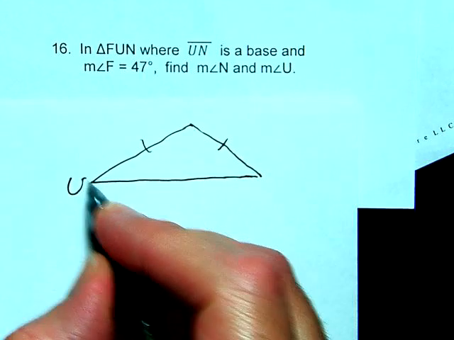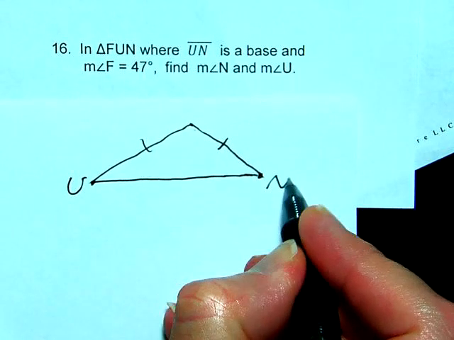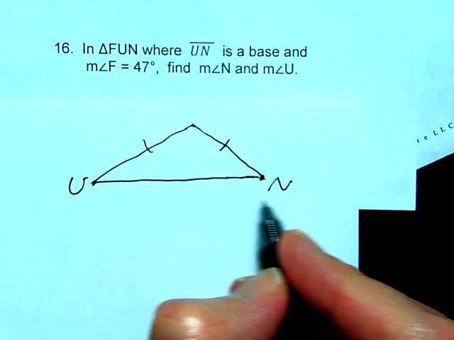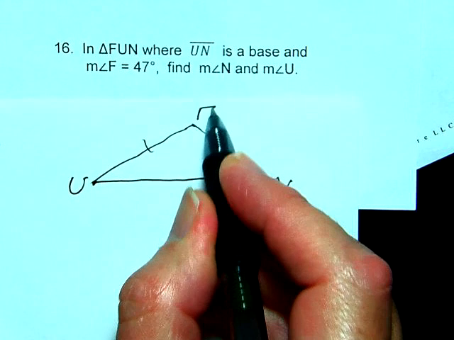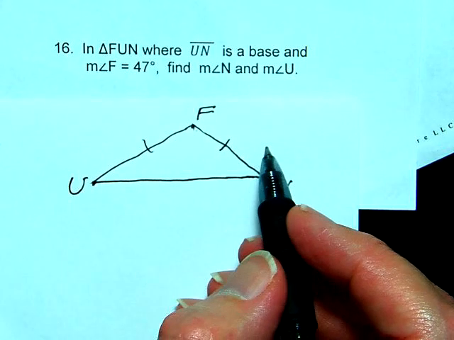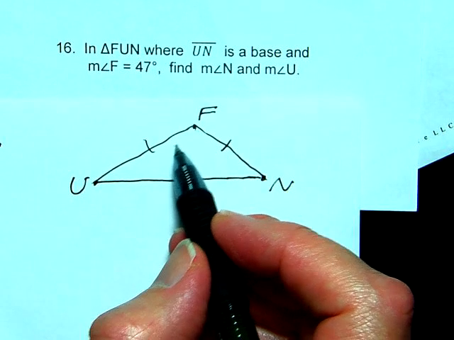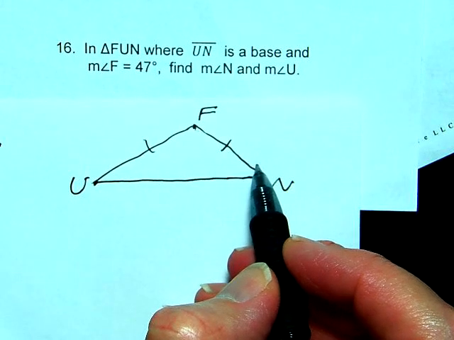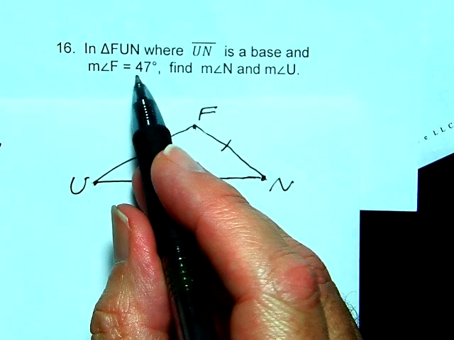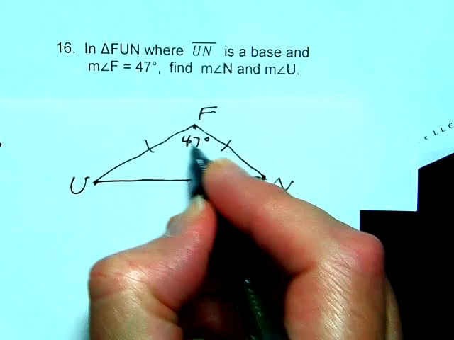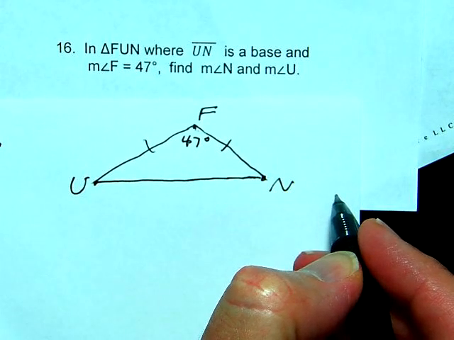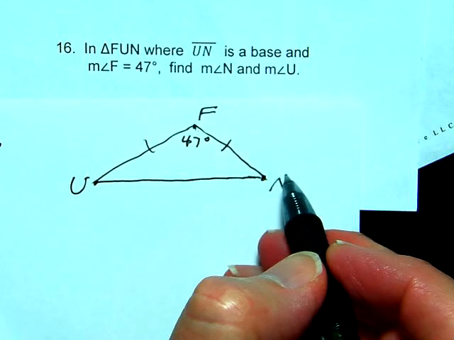So UN would be this non-equal side, and we'll call it the base. And F, therefore, has to be the other vertex up here. F, therefore, is the actual vertex point of the isosceles triangle. The measure of angle F is 47 degrees. So we're given this is 47 degrees, and now we have to find the base angles U and N.